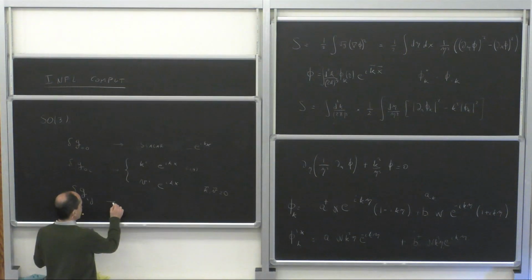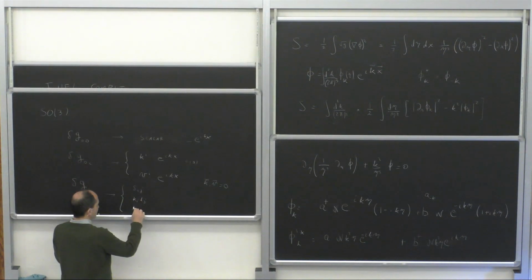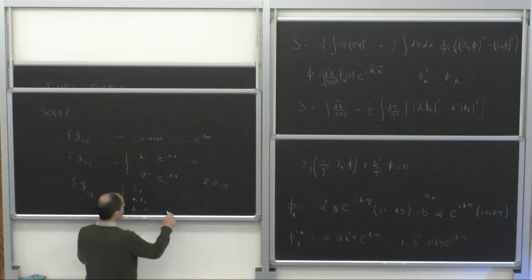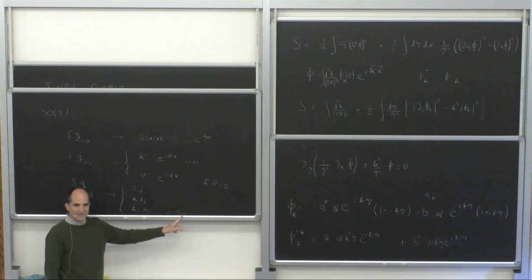And for this guy, we similarly have a piece that is proportional to delta_ij, a piece that is proportional to k_i k_j, and then some piece that is proportional to k_i v_j. And then a piece that is completely transverse. Let me call it epsilon_ij, where this epsilon is traceless, so epsilon_ii is 0, and k times epsilon is 0.